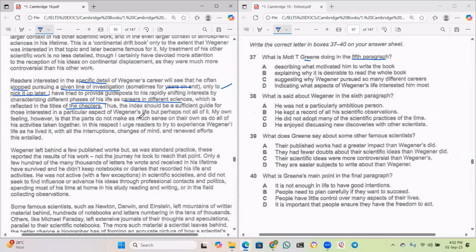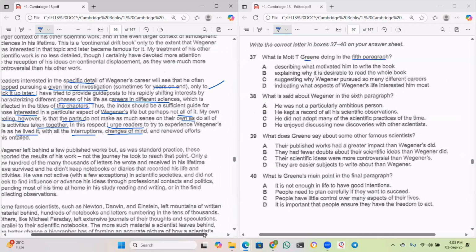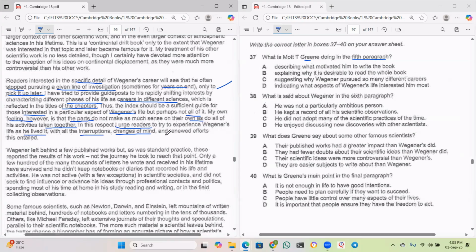Thus, the index should be sufficient guide for those interested in a particular aspect of Wagner's life, but perhaps not all of it. My own feeling is that the parts do not make as much sense on their own as do all of his activities taken together. In this respect, I urge readers to try to experience Wagner's life as he lived it, with all the interruptions, changes of mind, and the renewed efforts this entailed.